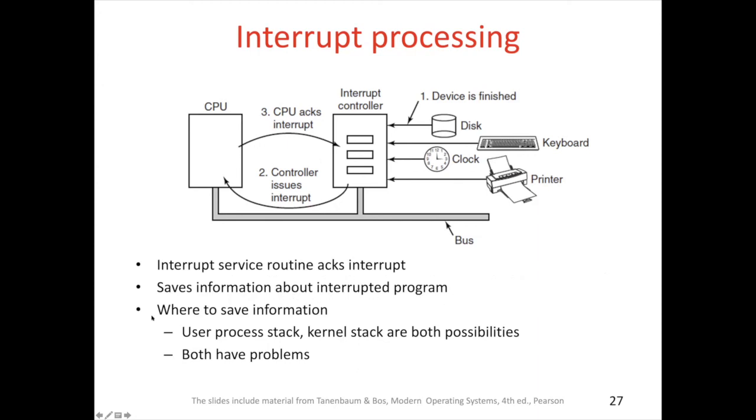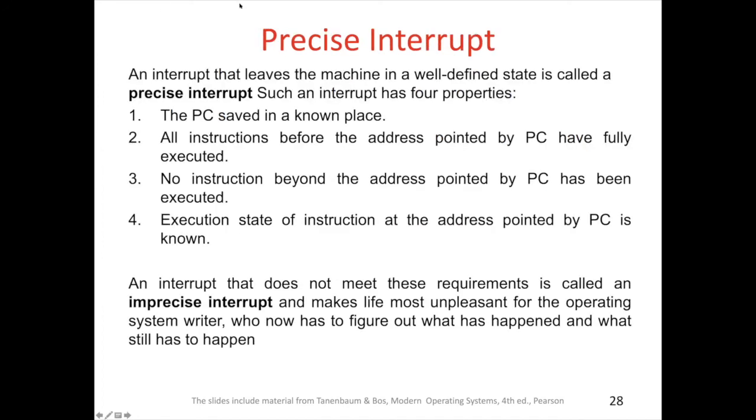The information may be saved into a user process stack or kernel stack, or both are possible, but both have problems to be solved. We have two kinds of interrupts, which are precise interrupts and imprecise interrupts.